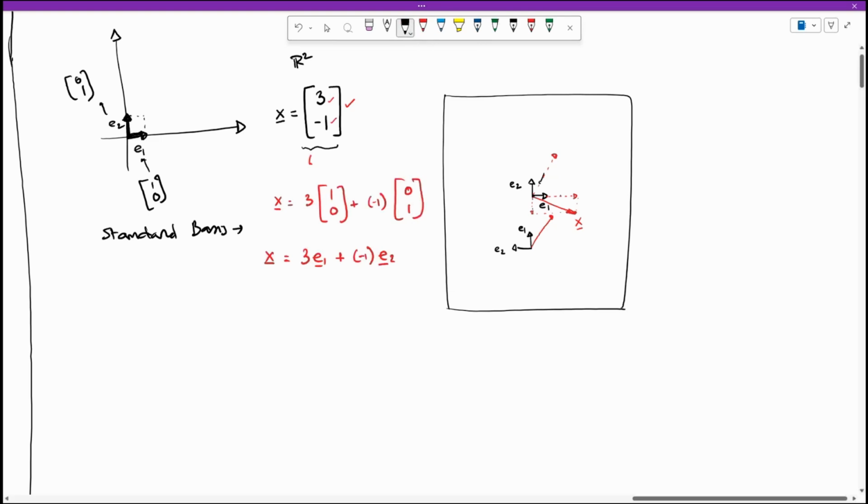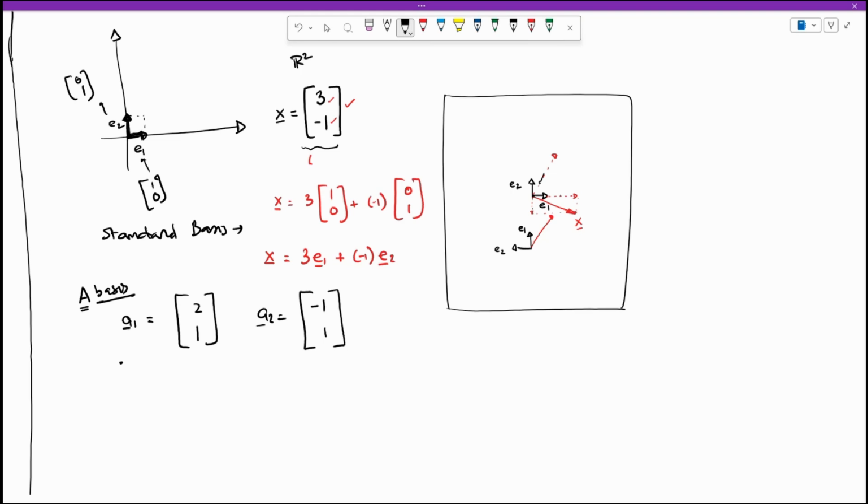Now, let's say we don't like the standard basis. We want to work with another basis. I'm going to call it the A basis, given by (2, 1) and so on.